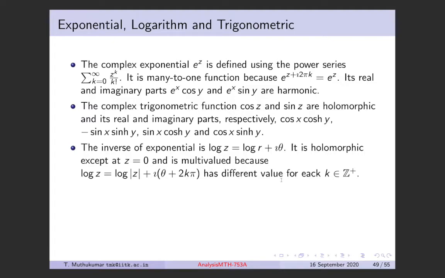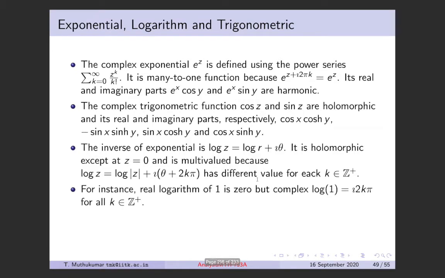For each k there's a different value, so it's a multi-valued function. Of course, if you restrict yourself to a domain of θ in the range of minus π to π, or some interval of length 2π, then you can make these functions single valued as well.